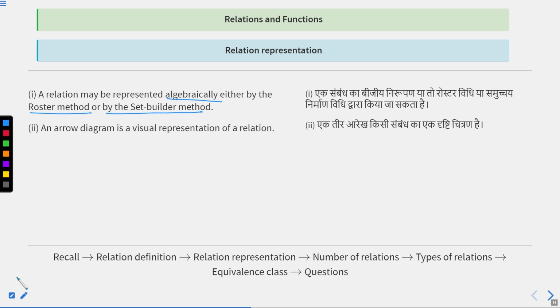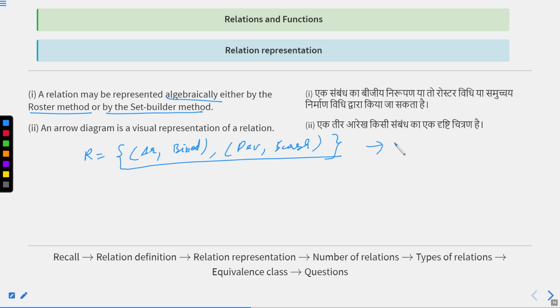As we saw in the previous example, the relation we defined, son to father, was like this: Arjun by Vinod, Dev by Suresh. So this is the roster form.